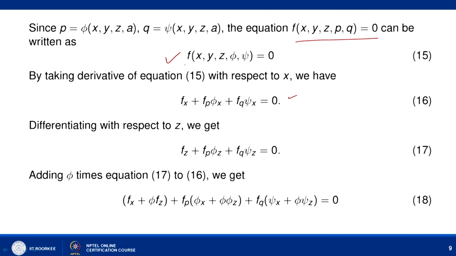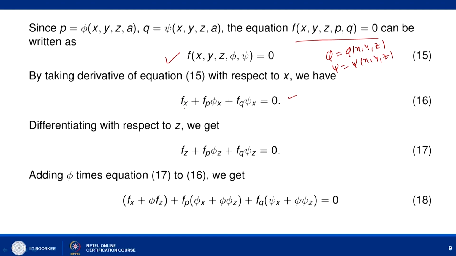So here we are simply assuming that x, y, z, phi, psi are independent of each other, and we are simply differentiating with respect to x, provided that phi is written as a function of x, y, z and psi as a function of x, y and z. So here I am not assuming that z is a function of x.